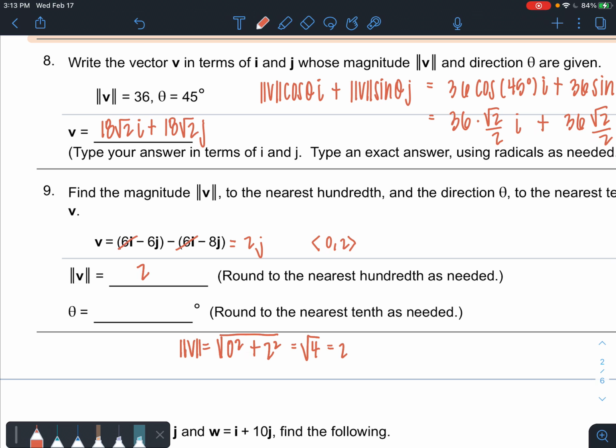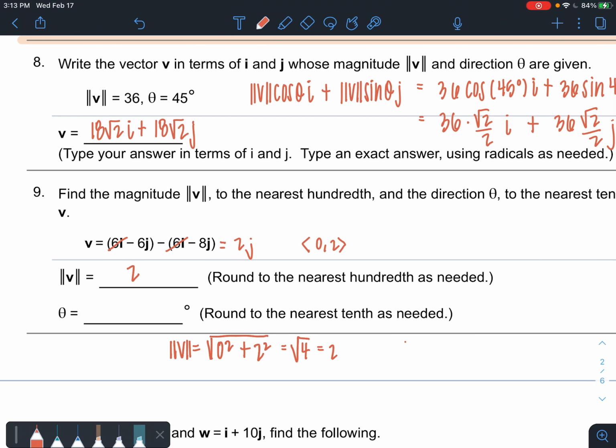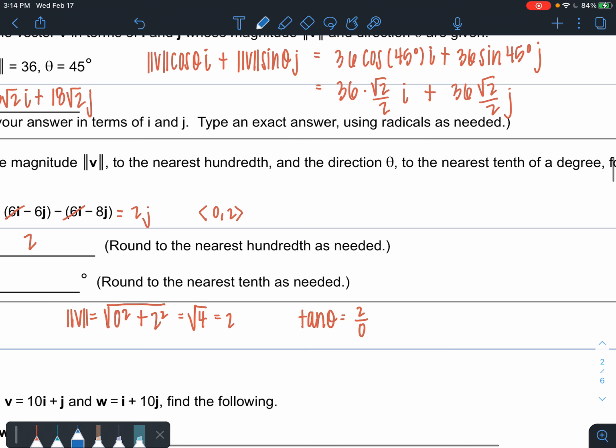Then for theta, we're going to do tangent of theta is equal to y over x. So we're looking where tangent of theta is undefined. So actually what we're going to do is draw a picture.